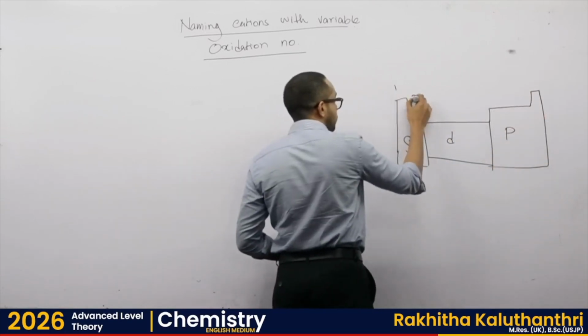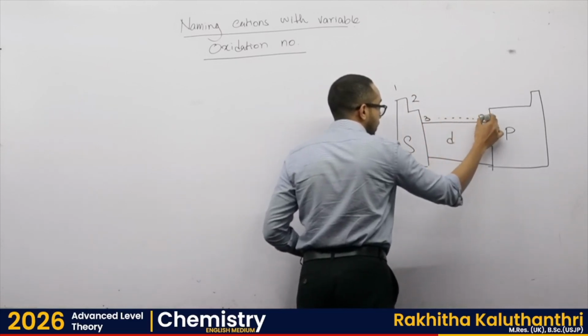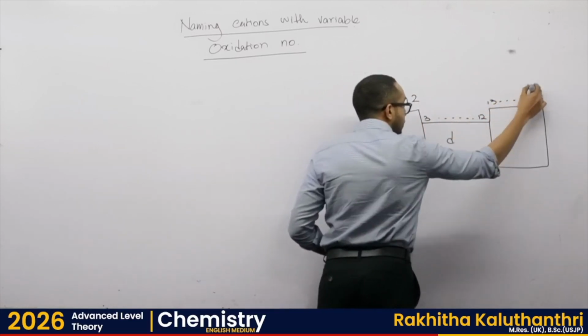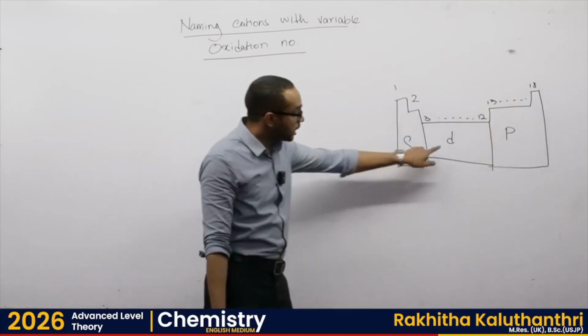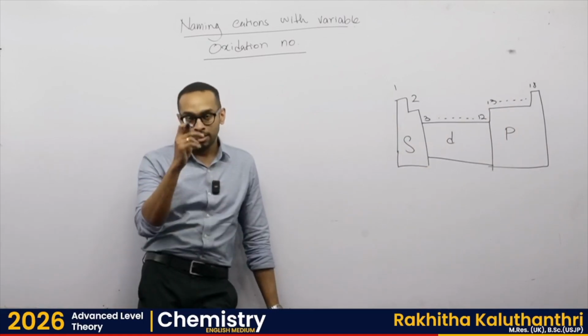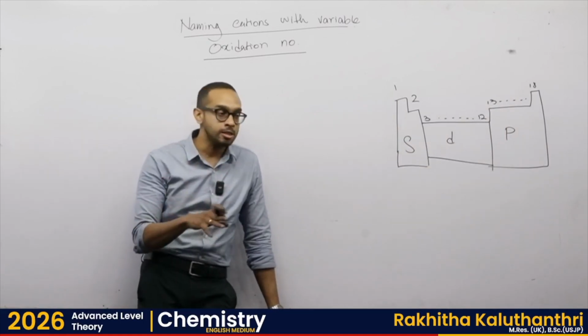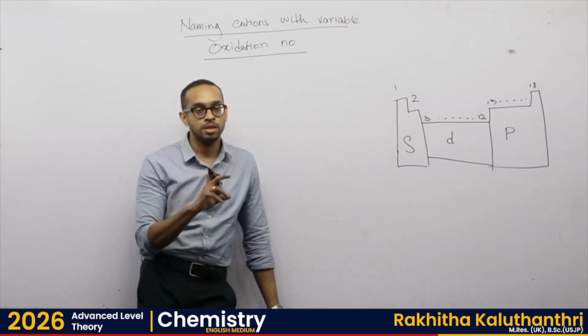Group 1, group 2, and then group 3 here, all the way to group 12, group 13, all the way to group 18. This D block also has something called transition metals. So in the D block category, there is something called transition metals.